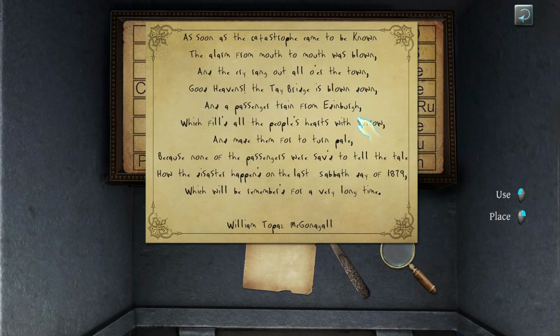And a passenger train from Edinburgh, which filled all the people's hearts with sorrow and made them for the time turn pale, because none of the passengers were saved to tell the tale how the disaster happened on the last Sabbath day of 1879, which will be remembered for a very long time. William Topaz McGonagall.